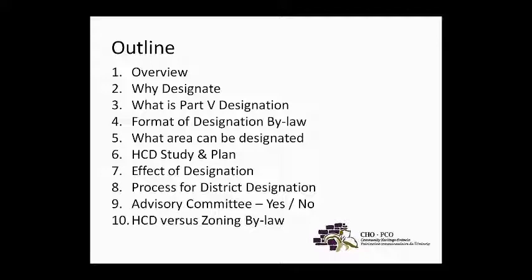Number 5, what areas can be designated as heritage conservation districts. 6, the heritage conservation district study and plan. 7, the effect of heritage conservation district designation. 8, the process for district designation. 9, an advisory committee, whether you should have one or not. And 10, heritage conservation districts versus zoning bylaw, because that's frequently a question that's asked.